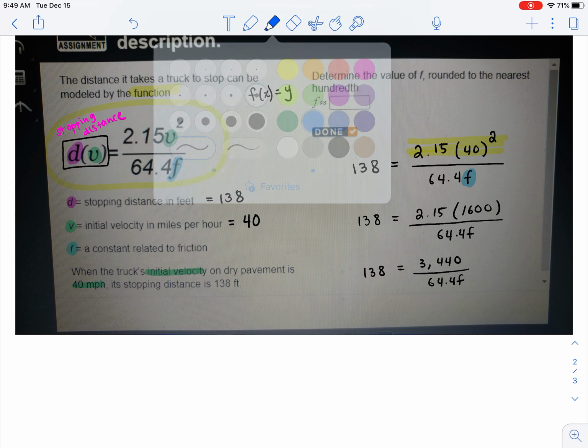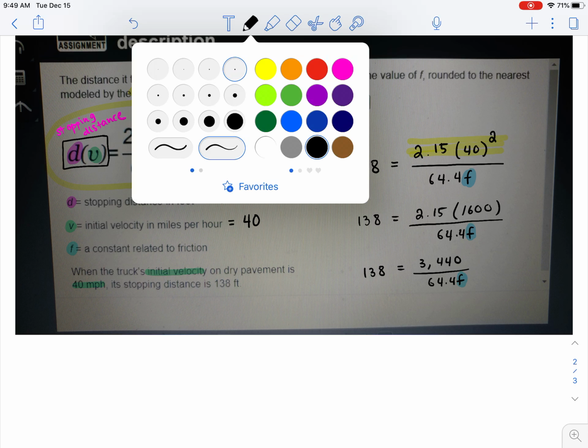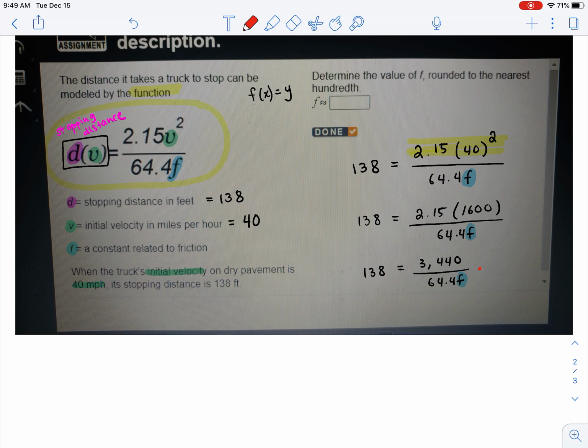So you might think, so I simplified the numerator. How can I solve for f? So whenever we want to solve for a variable, it has to be in the numerator because we want f is equal to a number, but we can't solve for f if it's in the denominator. So what we're going to do is we're going to get it out of the denominator by multiplying both sides by 64.4 f on the right.